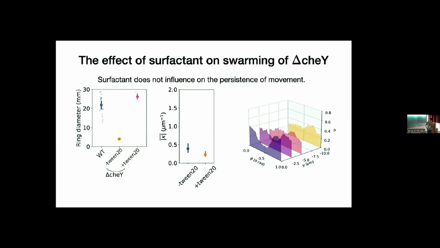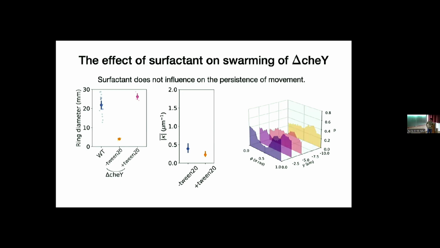This is just an idea, but it is supported by the surfactant experiment. As I told you, the addition of surfactant results in the spread of swarming, but the trajectory curvature doesn't change. So the cell movement is still persistent, even if we add a surfactant. It's just a problem at the leading edge. So this is the orientation distribution in the delta KY in the presence of surfactant.